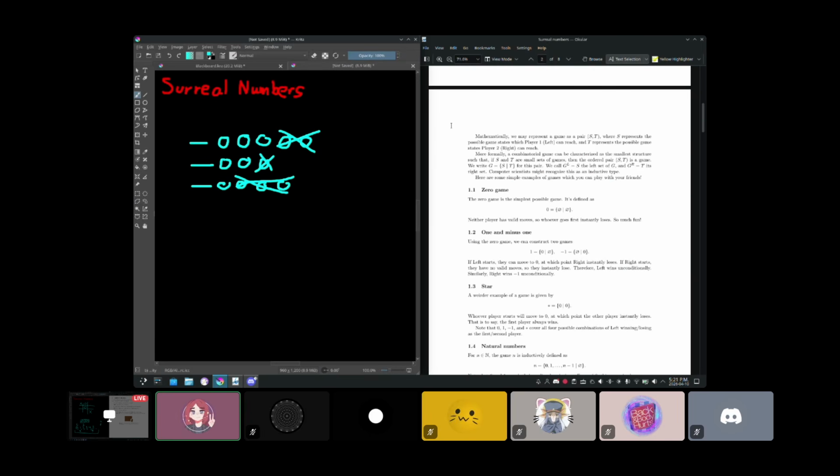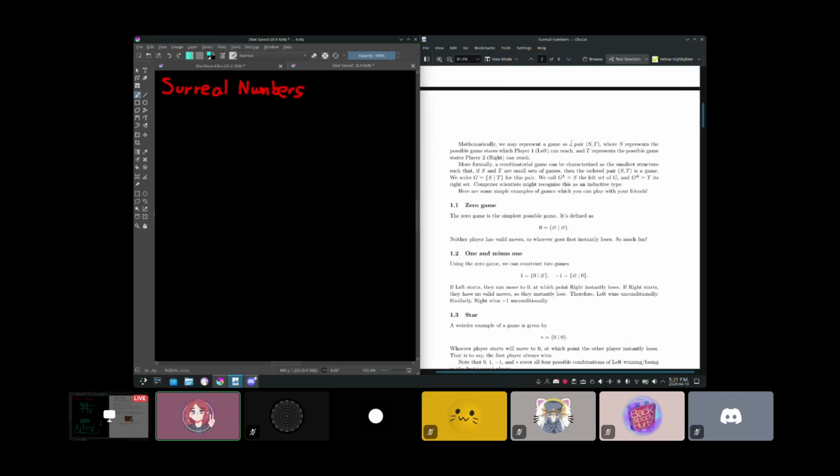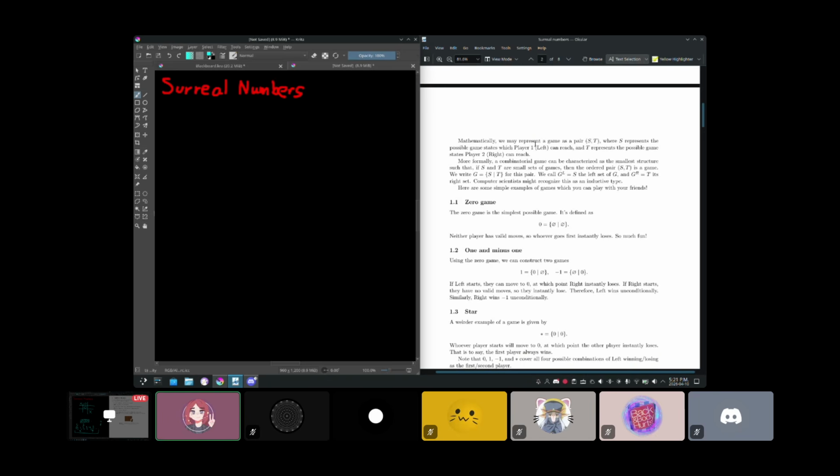All right, so let's get into the mathematics of this. How do we represent the game? We can obviously draw diagrams like this, but we can get a bit more abstract as well. Let me just read this out. Mathematically, a game is a pair.